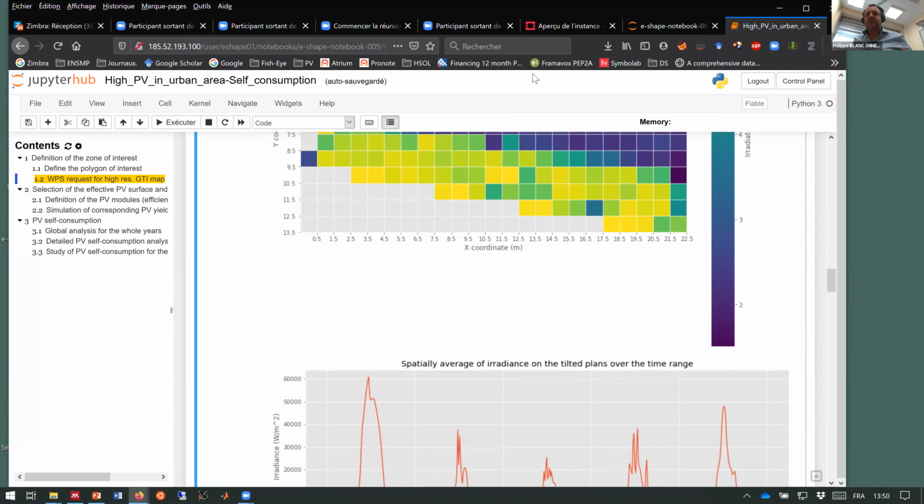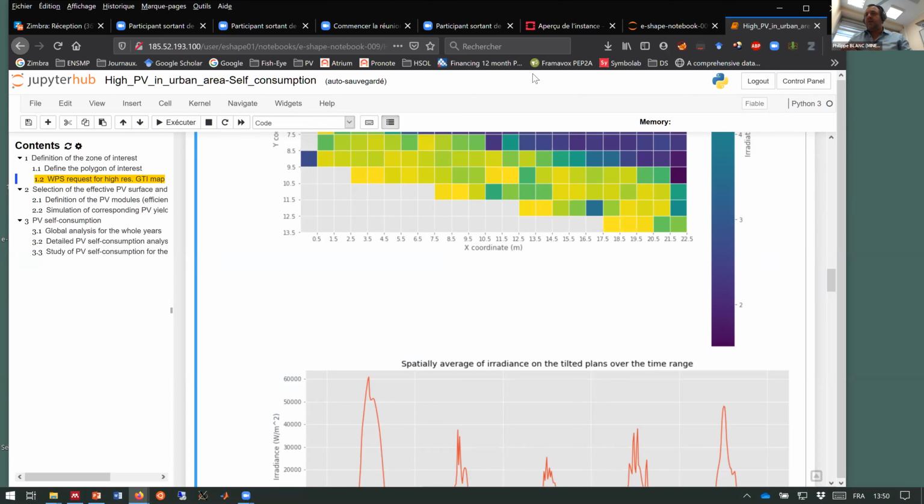Okay, so there are some assumptions about the way the radiance is decomposed in terms of direct components, circumsolar components around the sun, the horizon diffuse and the isotropic diffuse.